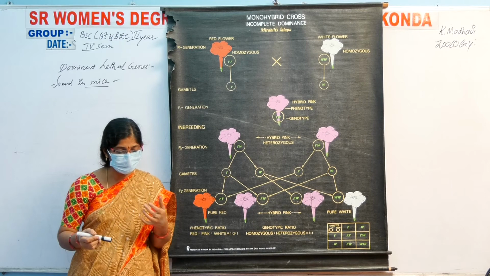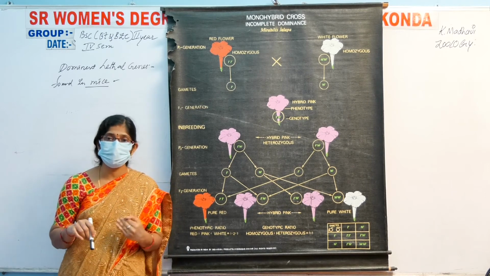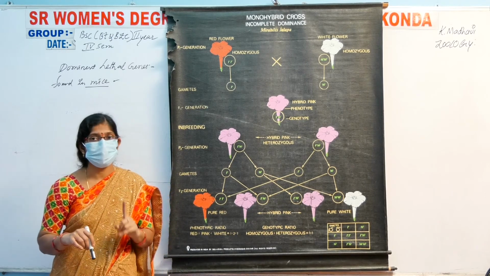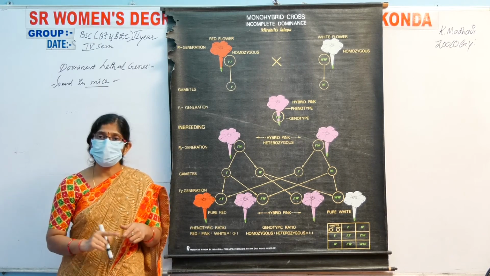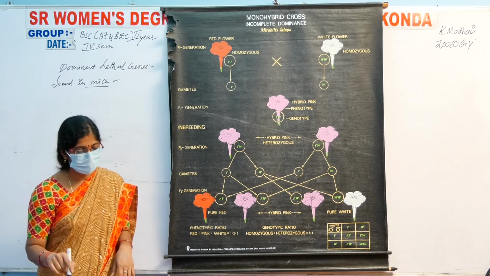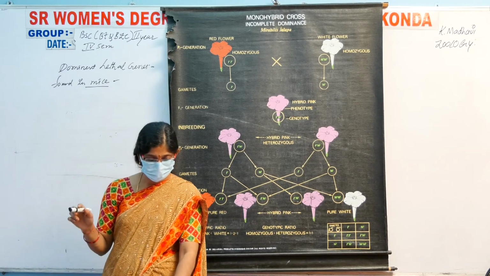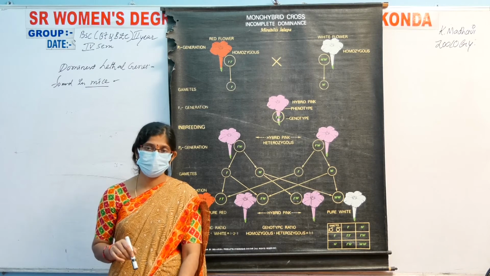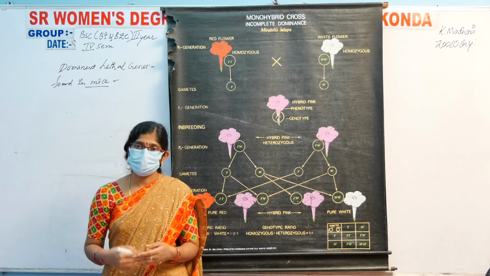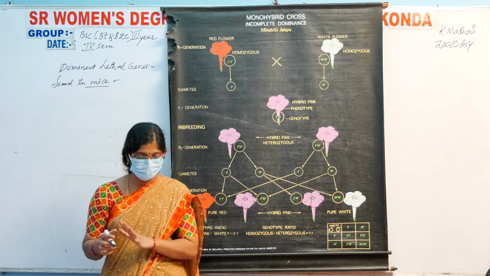The homozygous and heterozygous conditions of these genes cause death. This is most important: whether homozygous or heterozygous, they cause death. That's why recessive lethals are present in carriers, where the recessive character is present.